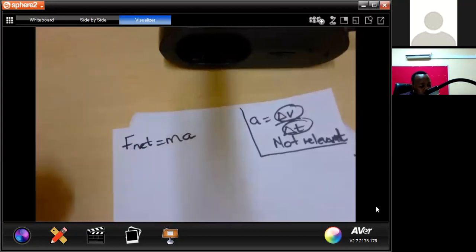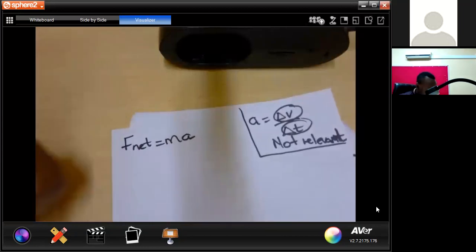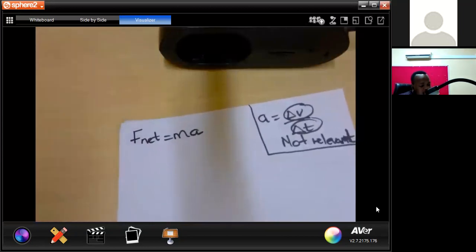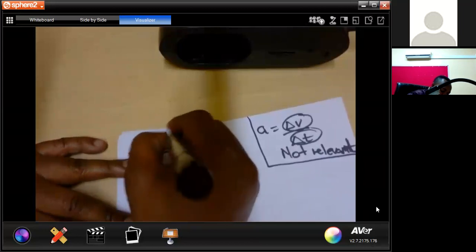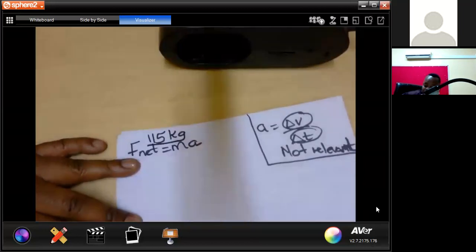But if you use the system method, where you combine the masses of the objects of the system and so on, you will be penalized, and we don't accept it. And that is why when you have 2 objects and it's a 2-body system, you deal with each object separately, right? Then let us start with the first object. Let us deal with the 115 kilogram object.